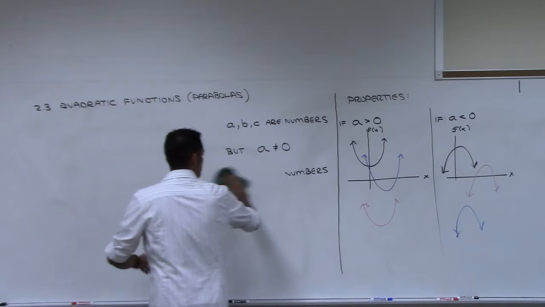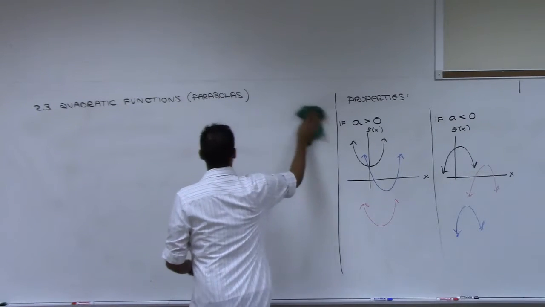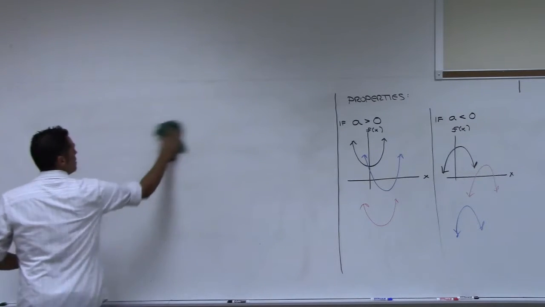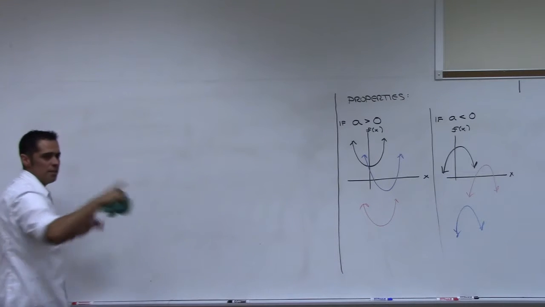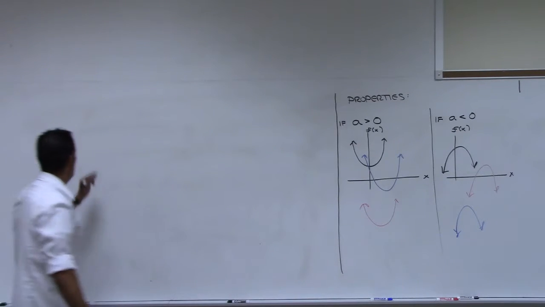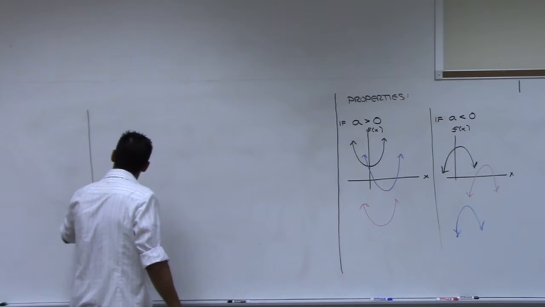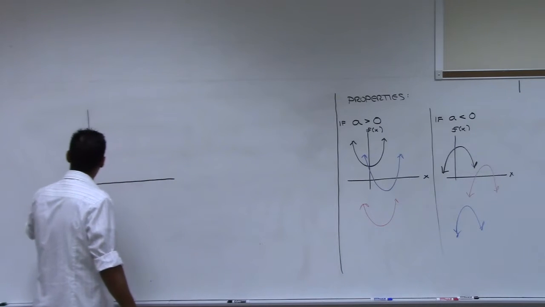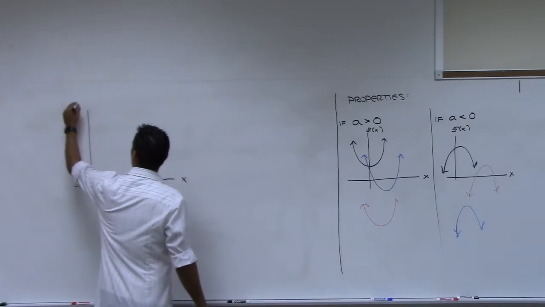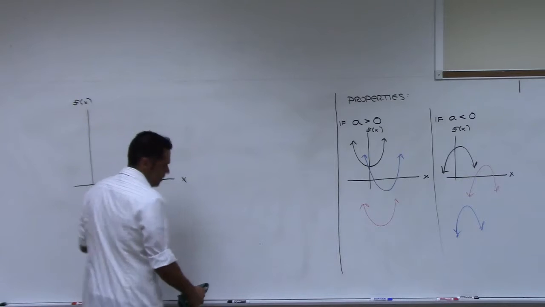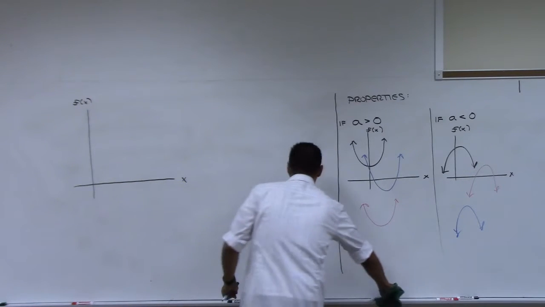So what I'd like to do is take one of those pictures. I'm going to pick one of those and let's just focus on just one and start labeling some things on this graph. And I'm going to do this one right here.